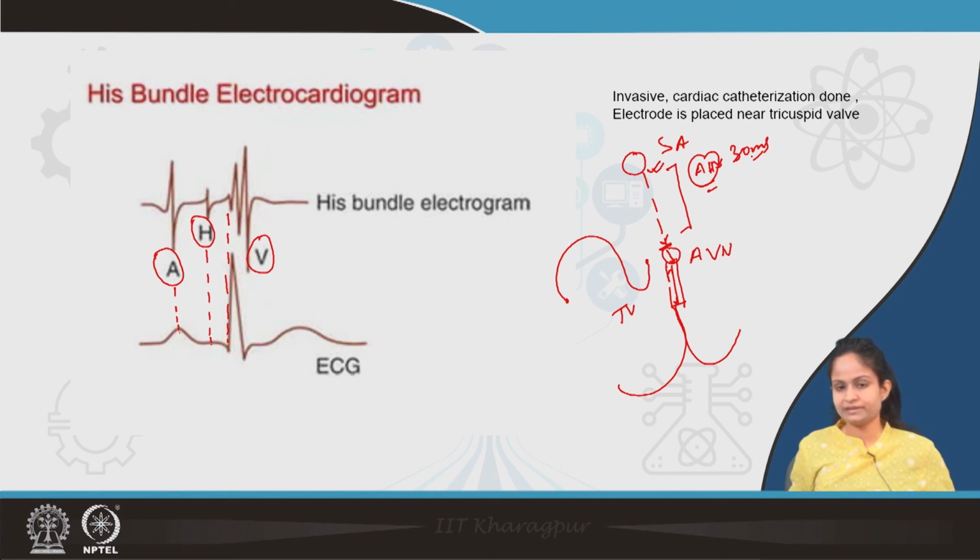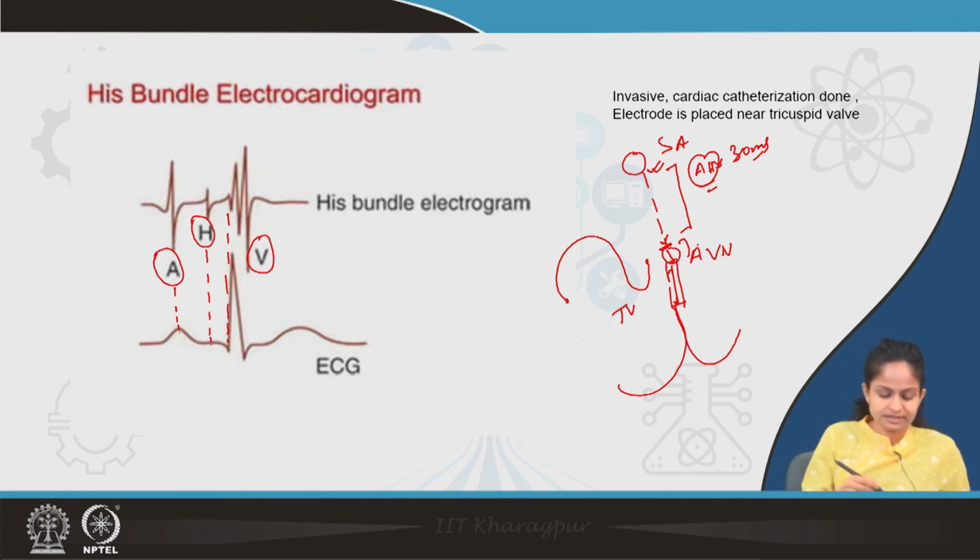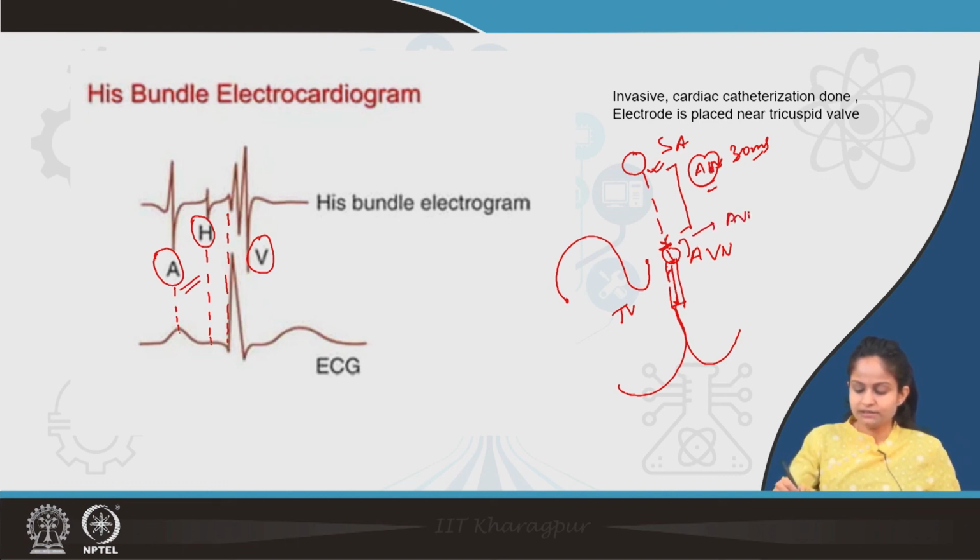Now, this conduction has already been told in the conducting system chapter. Then the time taken through the AV nodal conduction, this AH interval, is your AV nodal delay. This is around 100 milliseconds, and the HV conduction is your bundle of His conduction, around 40 milliseconds.